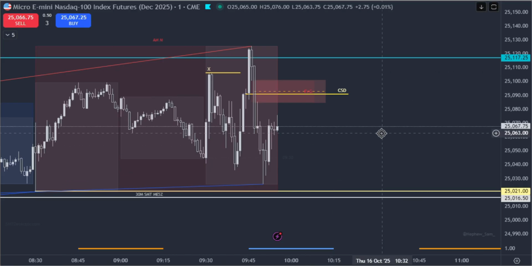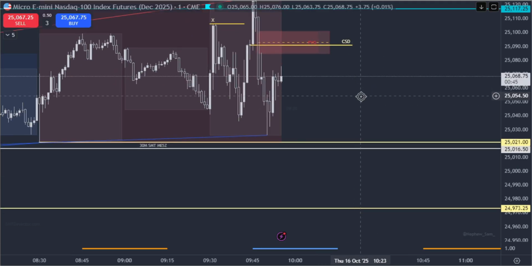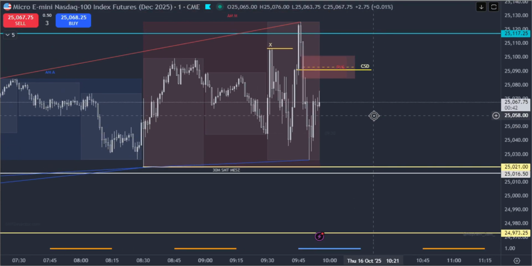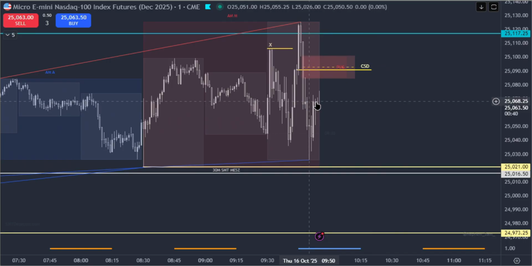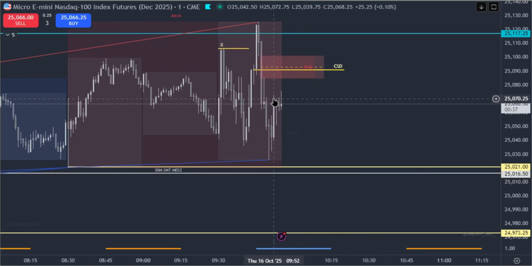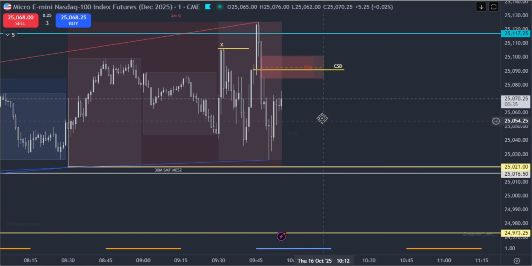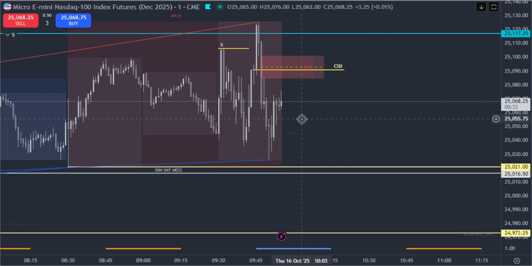All right, so let's look at the higher time frame. Looks like we have some SMTs right here. Time is at 9:55.